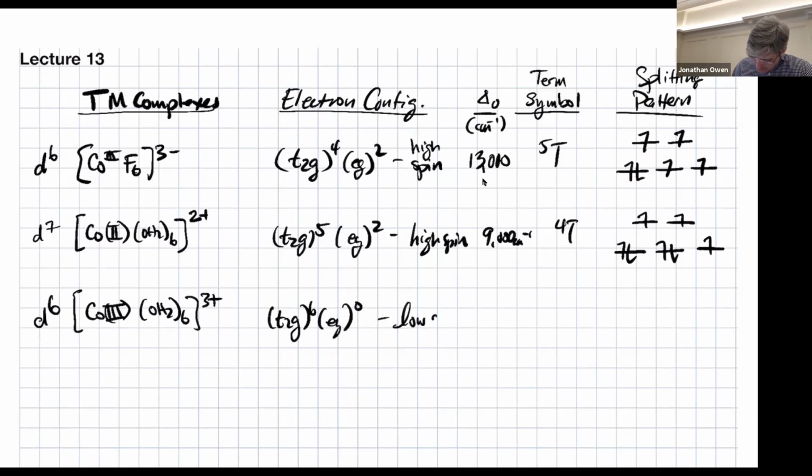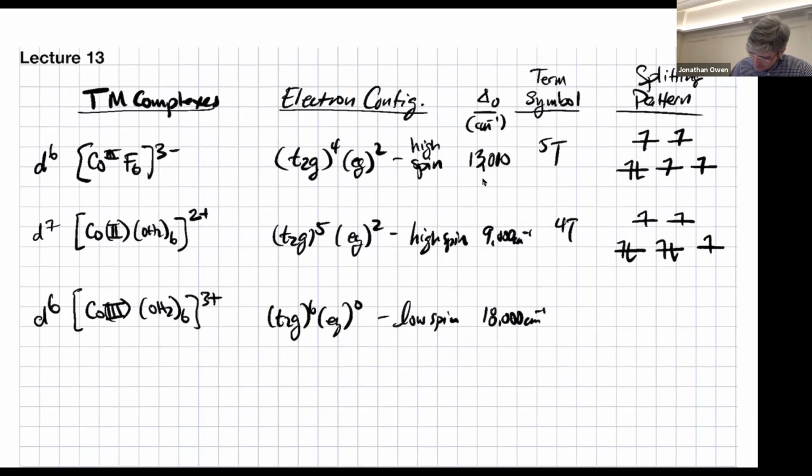This molecule is low spin, and it has an 18,000 wave number delta O. And its d orbital splitting looks like this. Can anybody tell me the term symbol?